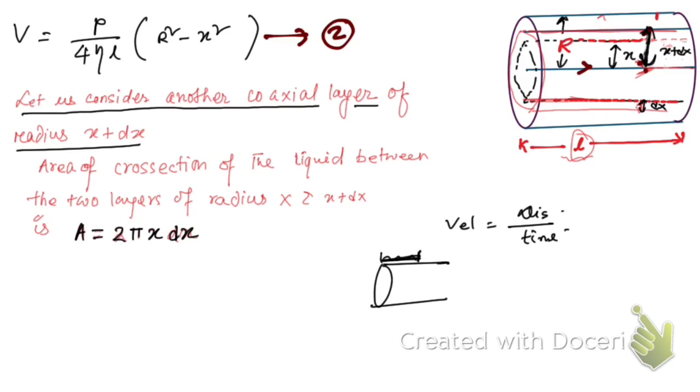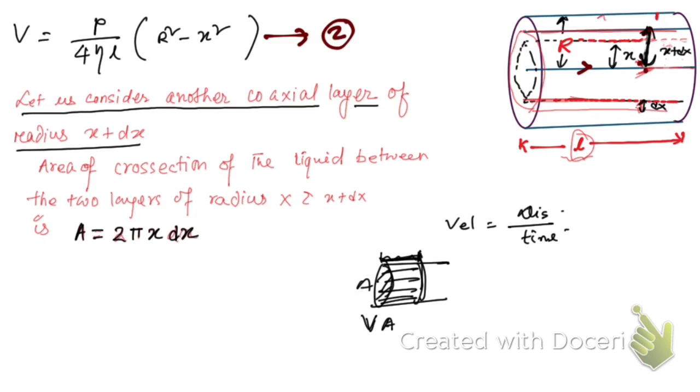If you multiply this area, suppose a, with velocity v, then va gives you the volume of liquid in 1 second.